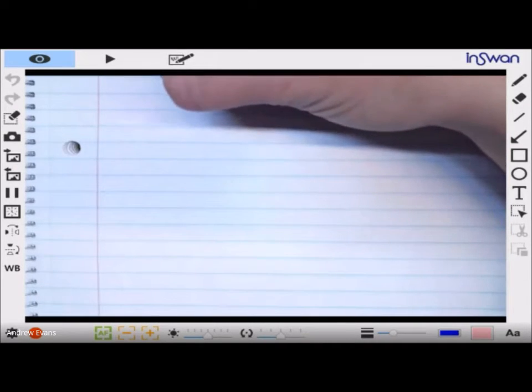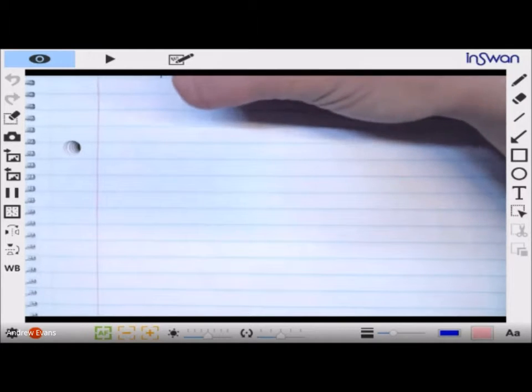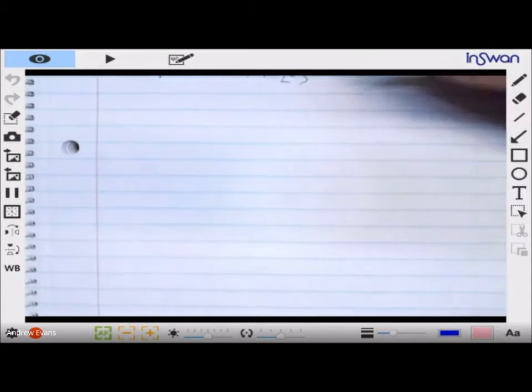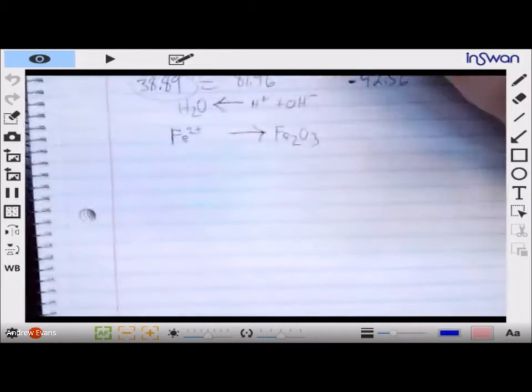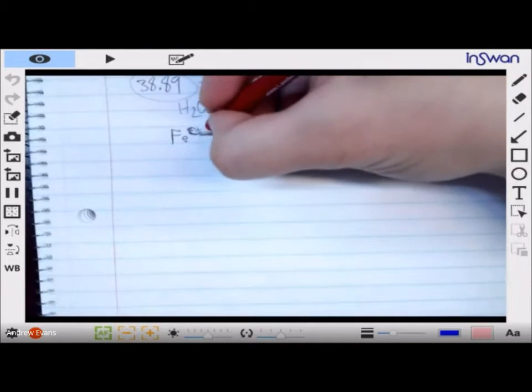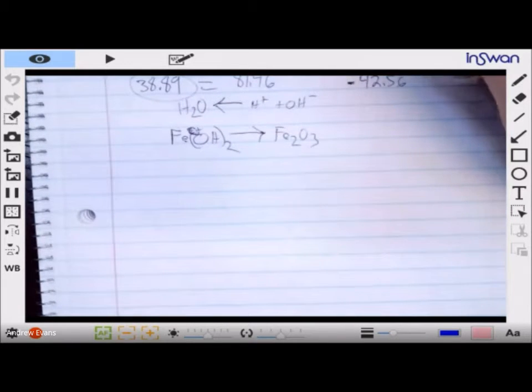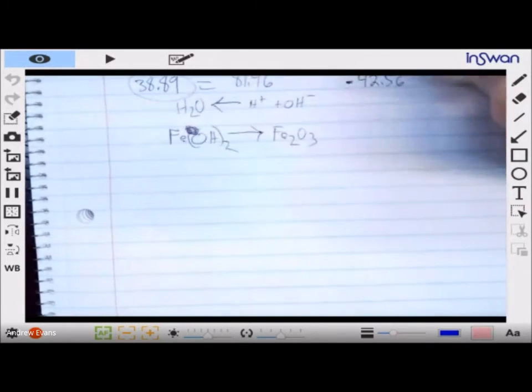If I say Fe2+ goes to Fe2O3, well, actually, we'll say Fe dihydroxide goes to Fe2O3. We'll just say, okay, there's that reaction.